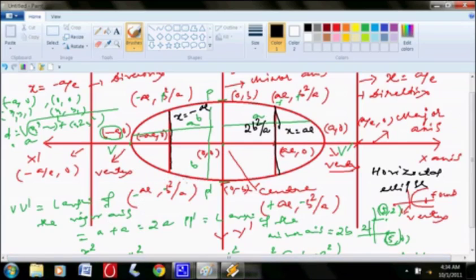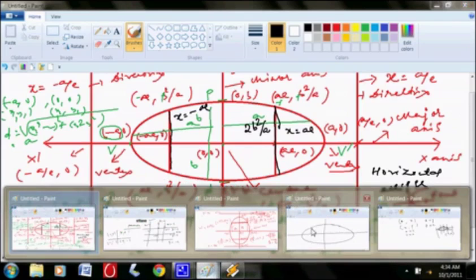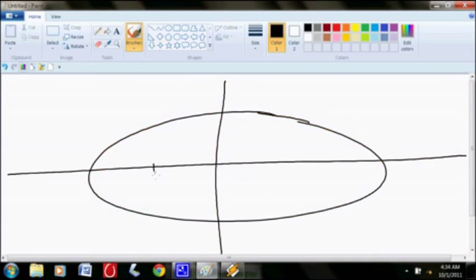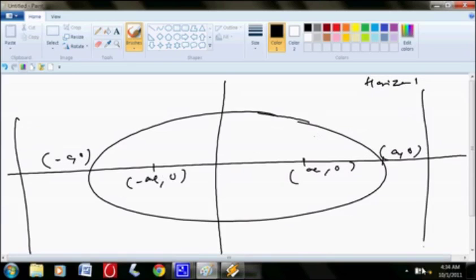Now this is your A0, this horizontal ellipse I'm bothering about. This is your A0, this is your minus A0, and so on. This is the center, 0, 0.